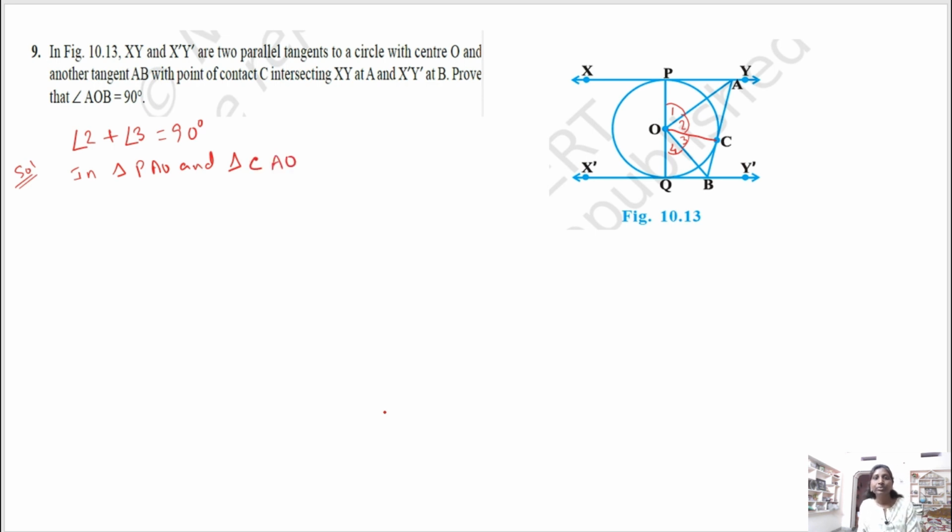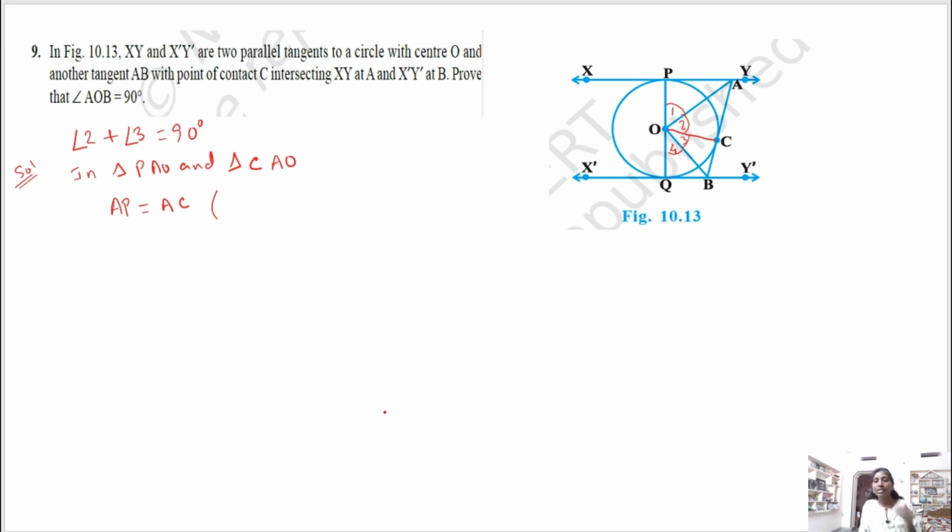Okay, so here clearly we can say that AP is equal to AC. Can you say why? Because these are the tangents.